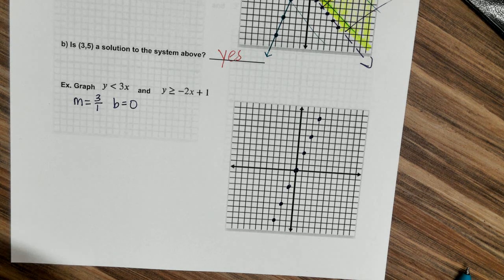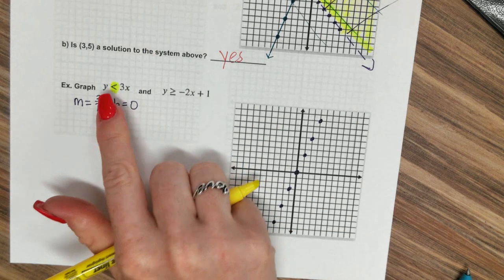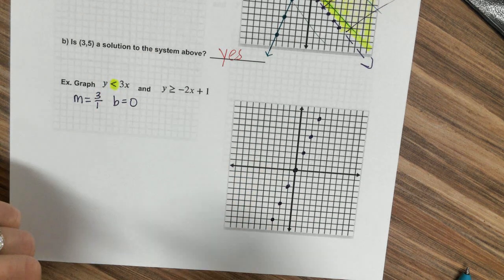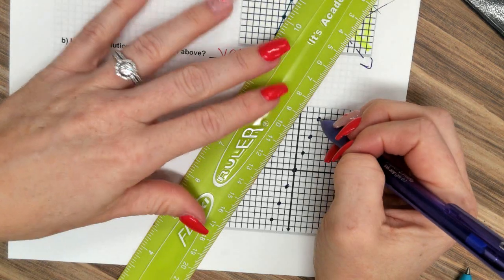Before I connect, I need to look at the sign and ask, is it going to be solid or dashed? What do y'all think? Dashed.